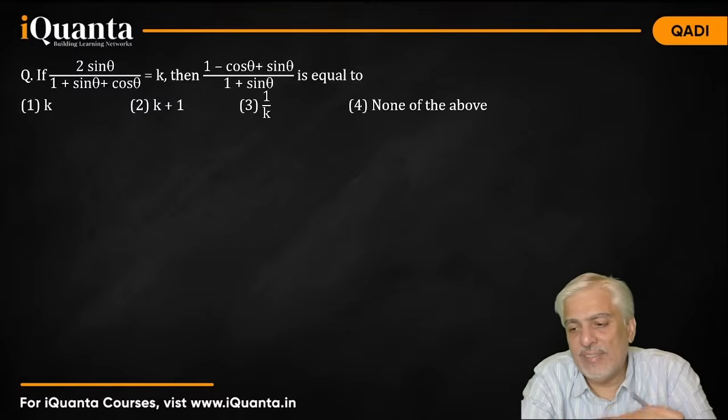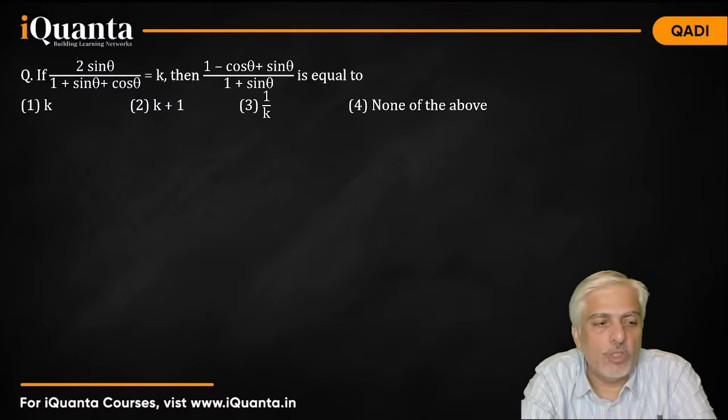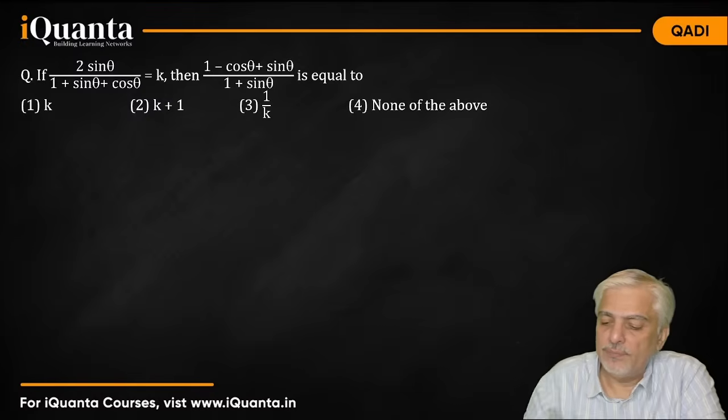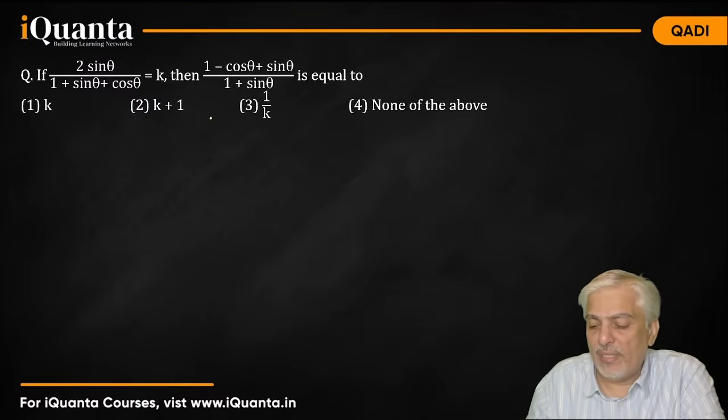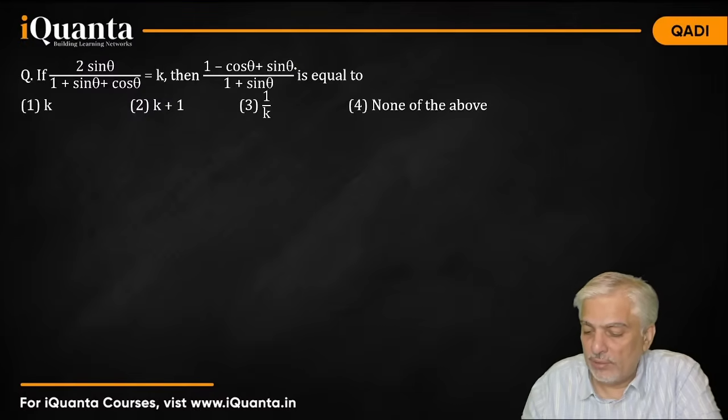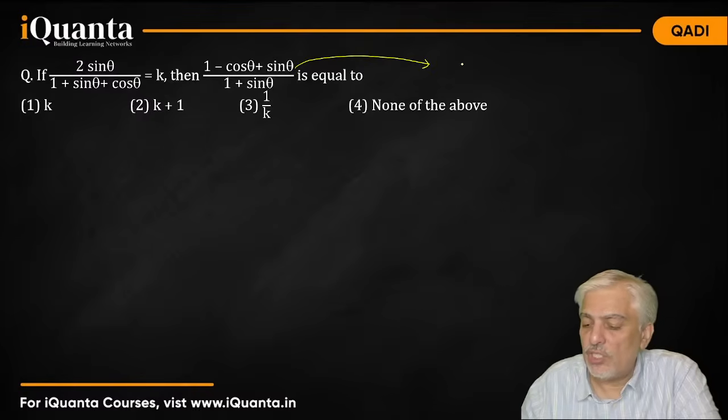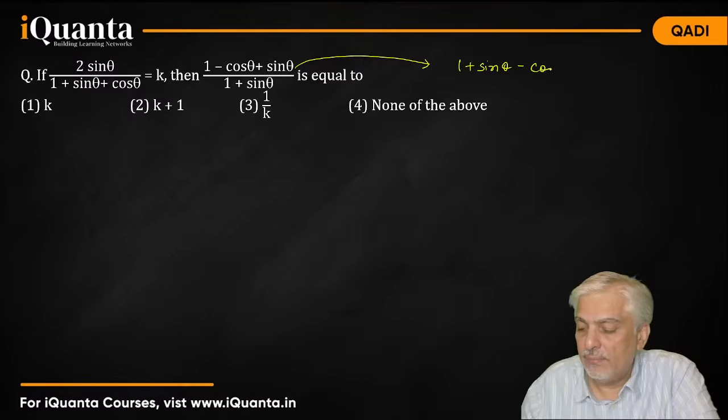Yeah, the answer is K itself, because if you solve it carefully, you get the same answer. The main thing over here, you have to be careful about what you want in the question. You want actually (1 plus sine theta minus cos theta) upon (1 plus sine theta).